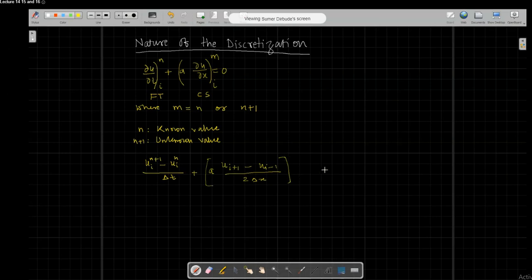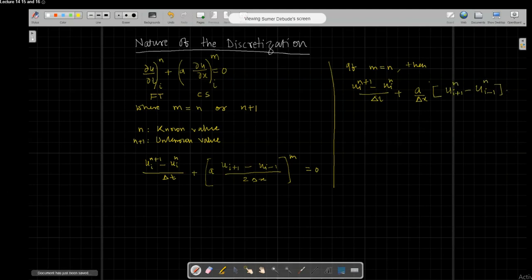Okay, so now if m is equal to n, then ui n plus 1 minus ui n over delta t plus a, which is a constant, so we'll just keep it outside, a over 2 delta x in bracket ui plus 1 minus ui minus 1, and I'm writing n equal to 0.